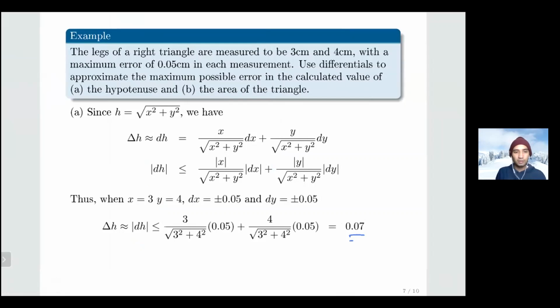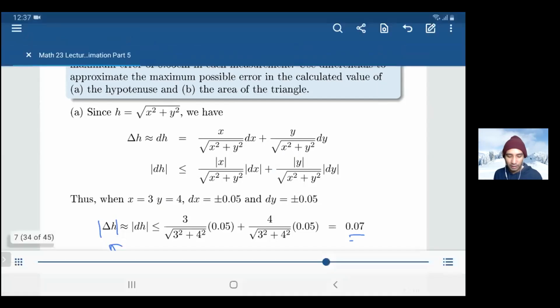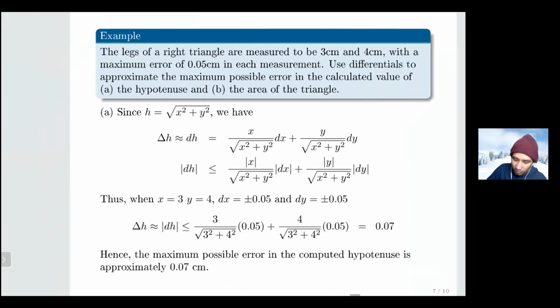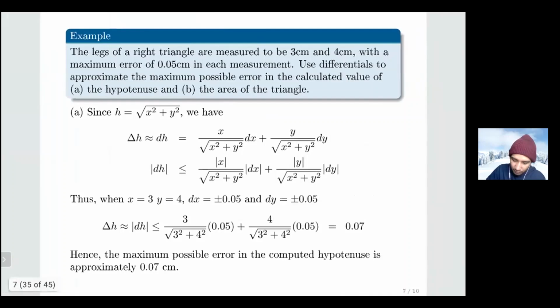So, yung change in yung error natin in computing for the length of the hypotenuse, at most 0.07. Hindi ganun kalaki yung error, no? 0.07 lang. So the true hypotenuse, okay? So yung true length ng hypotenuse, ano bang na-calculate na hypotenuse kung ang x natin ay 3 at y ay 4?